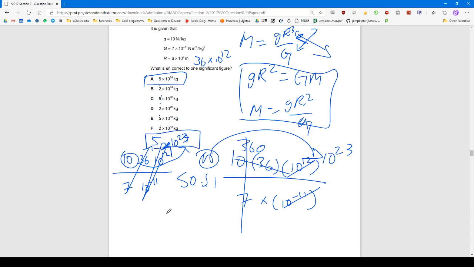So this method of drawing arrows through things to cancel them to a new value, or even a faster way you could do it, is like A plus B plus C plus D. Say you're doing this kind of sum.